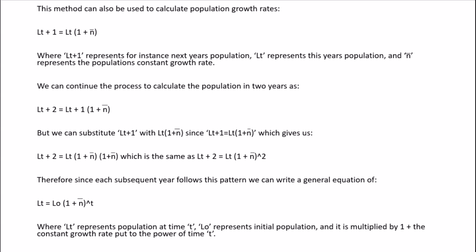But we can substitute the LT plus 1 with LT multiplied by 1 plus N, so the constant growth rate, since LT plus 1 is equal to LT multiplied by 1 plus N, which gives us LT plus 2.